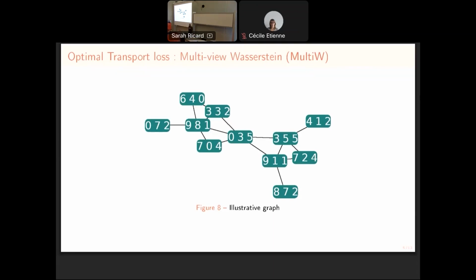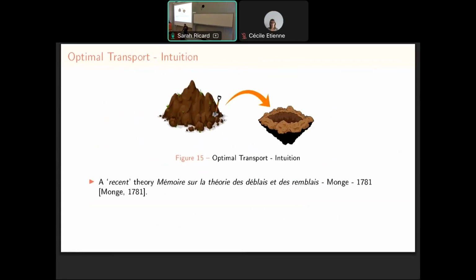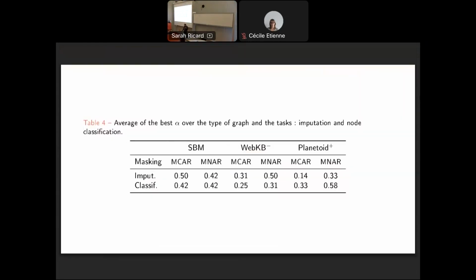First one is how did you tune alpha? Actually, for alpha, it depends on the task at hand. So are you using the criterion used for the task, or something that only depends on metrics?